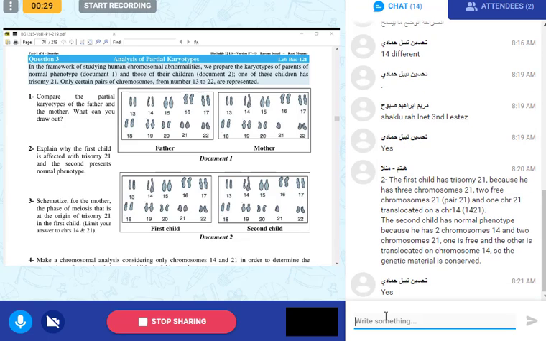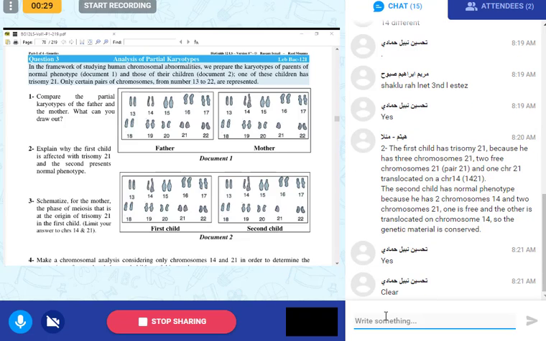Okay, Tahsin, is it clear for you? Alhamdulillah. Tahsin, let me ask you question number 3, and if you can write for me some answer, it will be very good. They say, schematize for the mother the phase of meiosis that is at the origin of trisomy 21 in the first child.